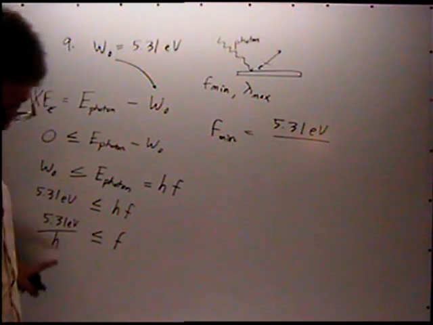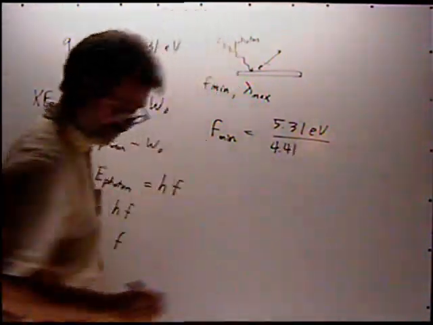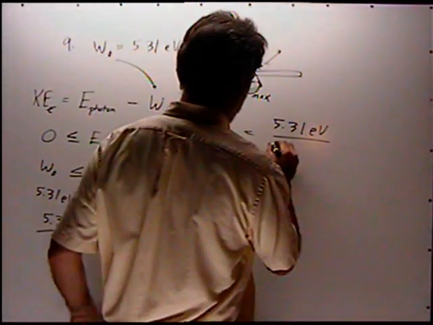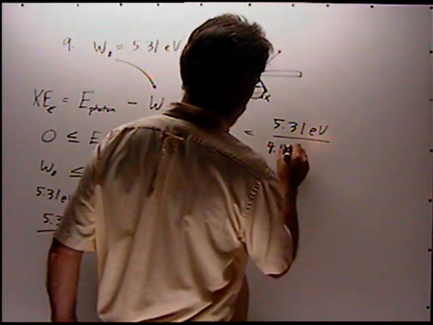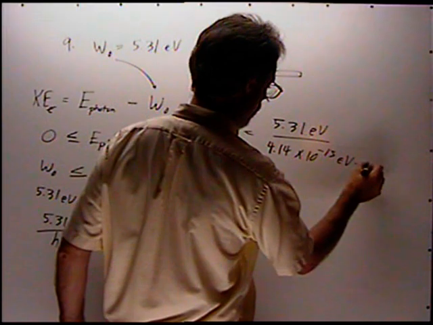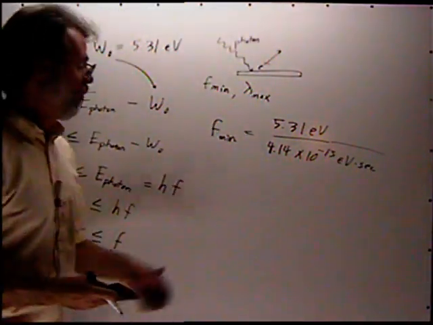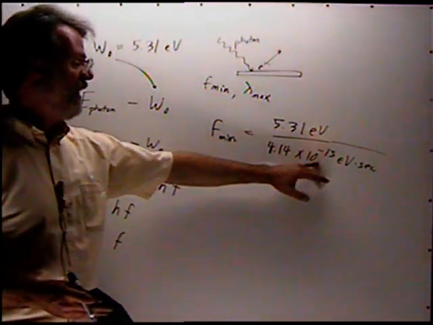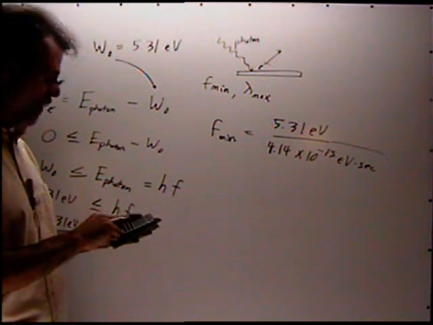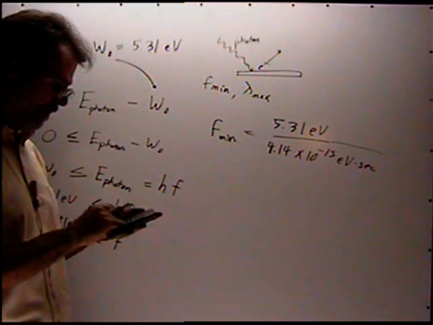Planck's constant in electron volts is 4.14, whoops, I got that backwards, 4.14 times 10 to the minus 15 electron volt seconds. So we take 5.31 electron volts and divide it by Planck's constant.